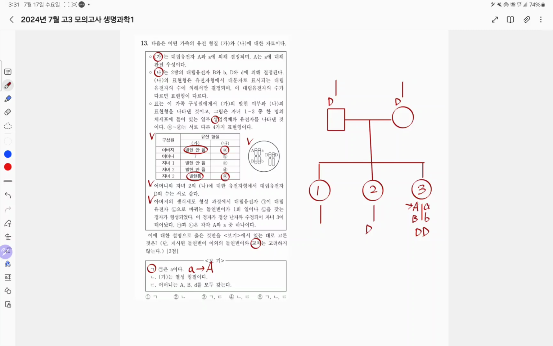And this dominant A allele comes from mutation. Without the mutation, child number 3 should be homozygous recessive. That means father and mother must have at least one recessive a allele.